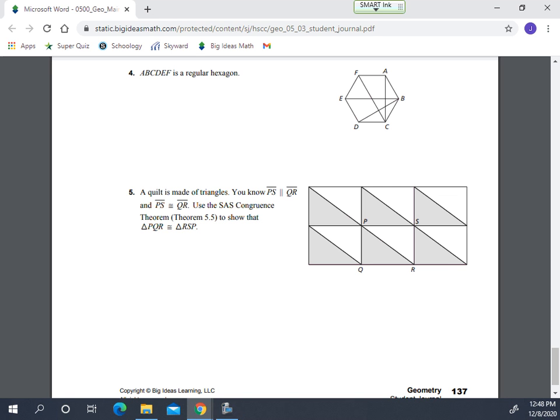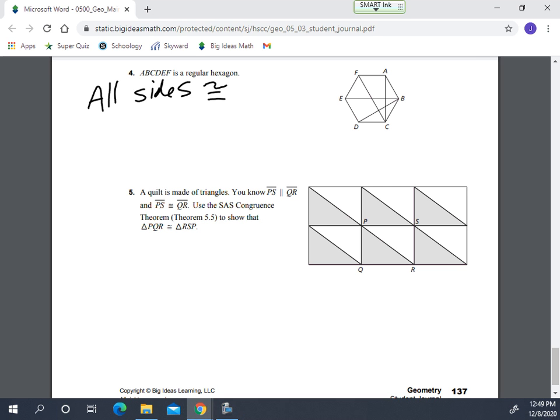Number 4, ABCDEF is a regular hexagon. What does a regular hexagon mean? All sides are congruent. All sides are equal. It's a regular hexagon. That's important information, okay?